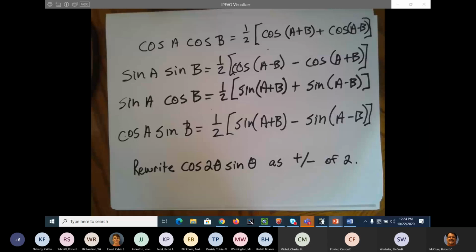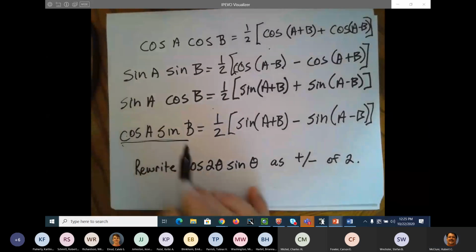Okay? So take a second and look at it. We know that it's cosine and sine. So cosine and sine, it looks like this one. All right, plug it in and see what you get. It's real simple. It'll only take you probably 30, 45 seconds.